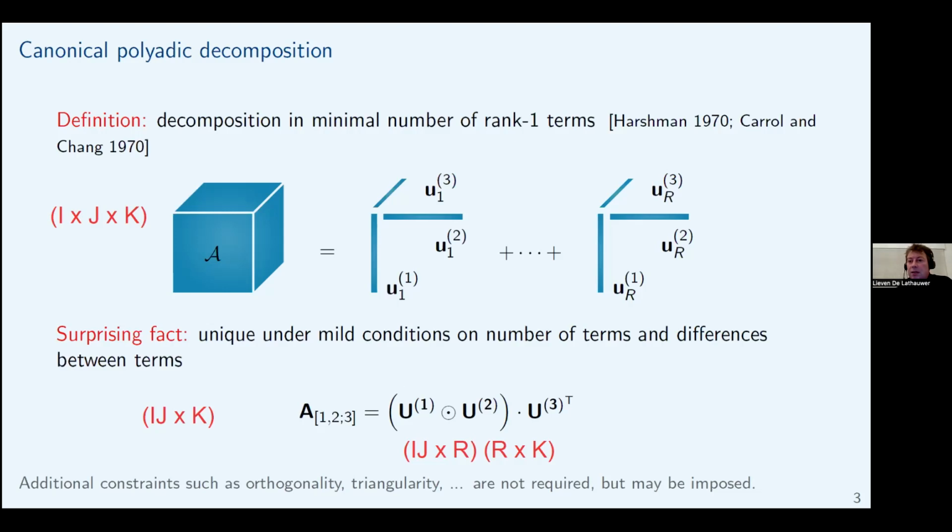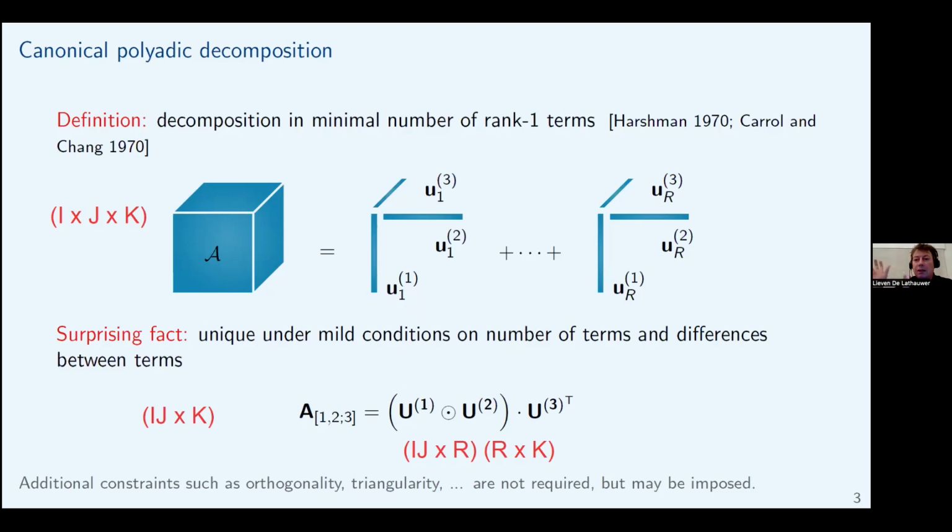And why is that important? Well, it's important because if this tensor is a data tensor, and this decomposition is unique, and these rank 1 terms actually mean something physical, then here you have a new tool for finding underlying components in data with minimal assumptions.